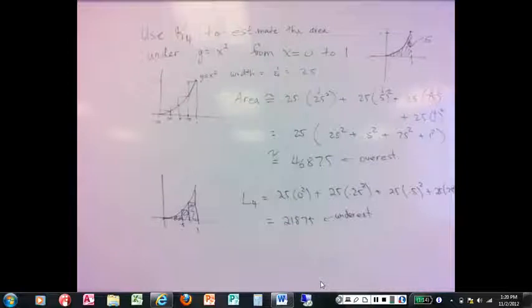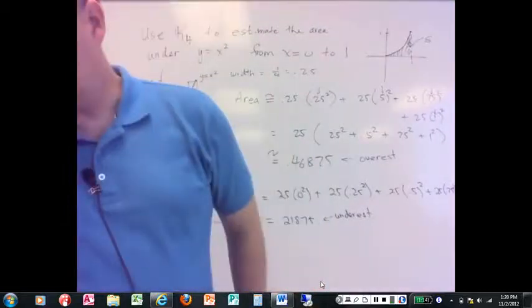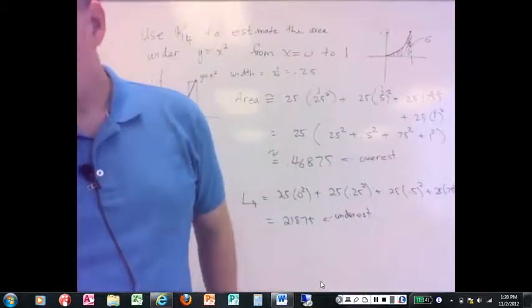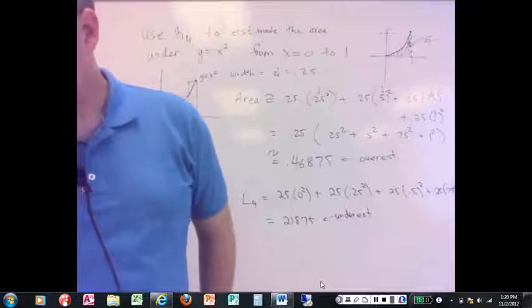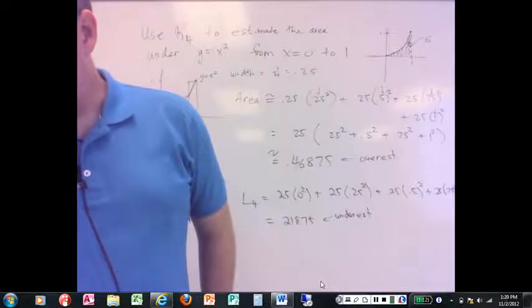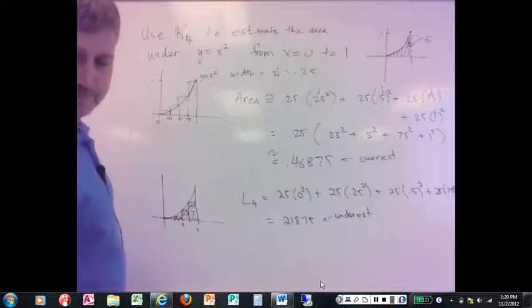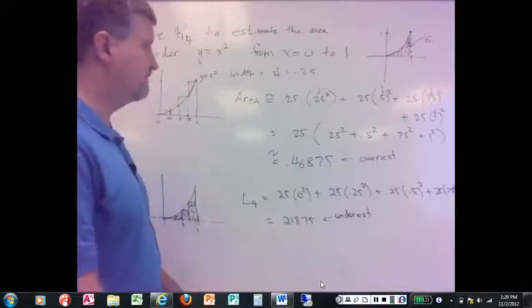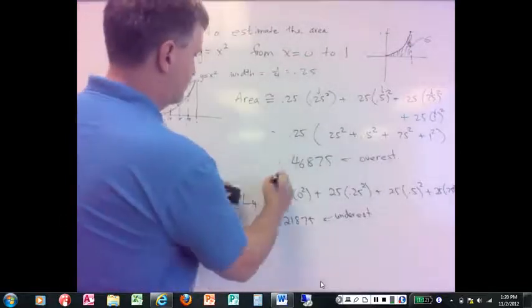But let's talk about adding more rectangles just for a second, because I believe this book probably does it here. Yeah, in the book there is a table, and it's page 285 in this edition. So this is R4, this is L4.